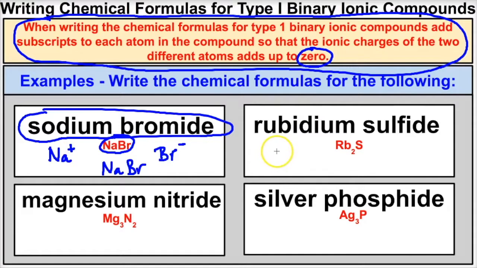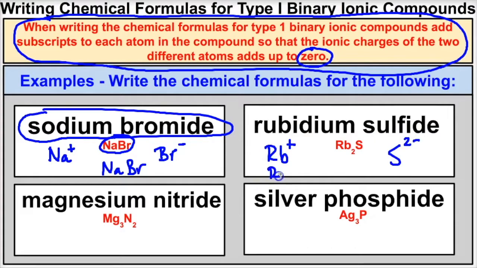Let's take a look at this one. Rubidium, the chemical symbol is Rb, and the ion forms +1 ions because it comes from group 1 on the periodic table. Sulfide comes from group 16, and so it forms -2 or 2- ions. So this charge and this charge do not add up to 0. +1 and -2 do not add up to 0.